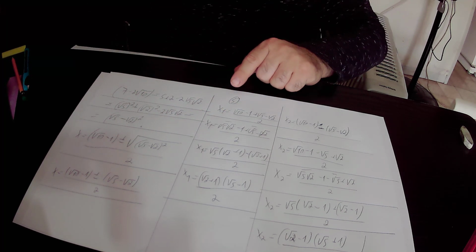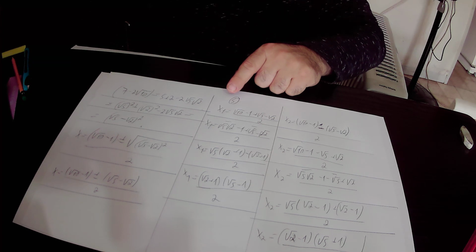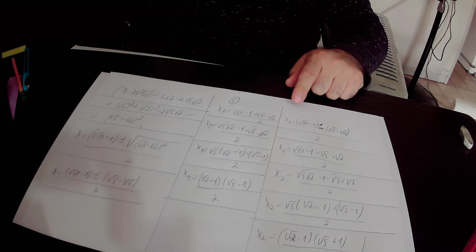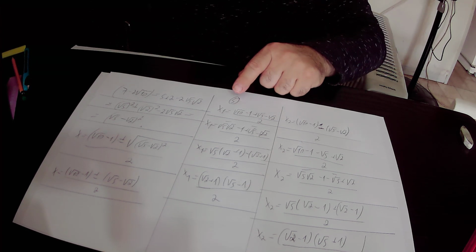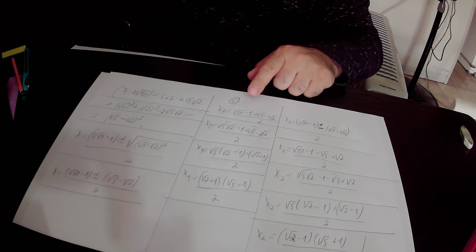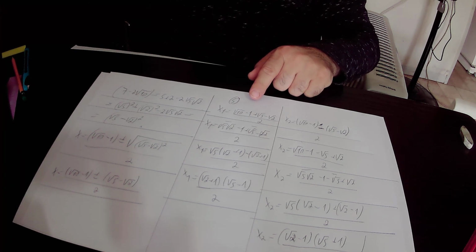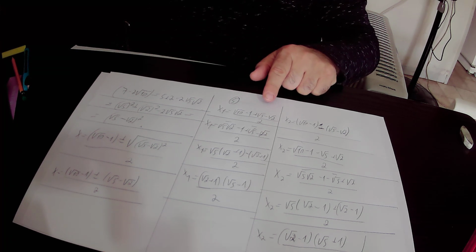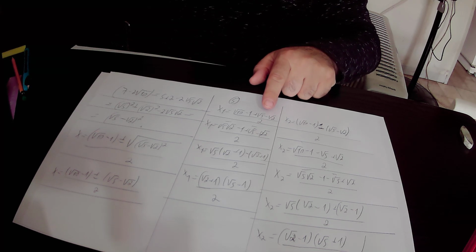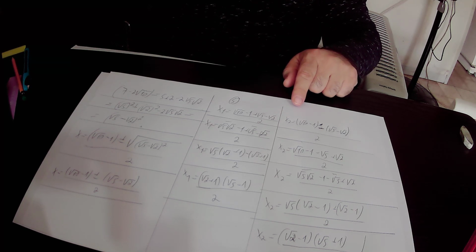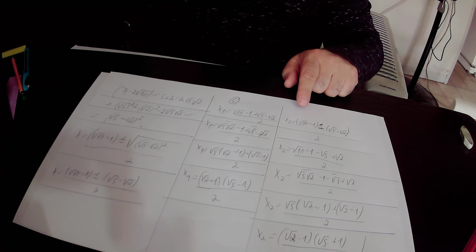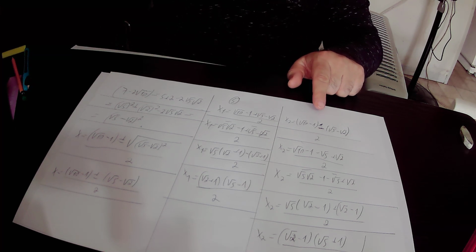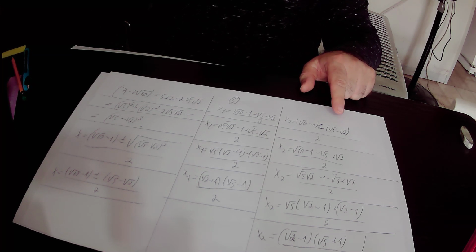We define the first solution as x1, and the second solution as x2. The first solution, x1, equals square root of 10 minus 1 plus square root of 5 minus square root of 2, over 2, and the second solution, x2, is square root of 10 minus 1 minus (square root of 5 minus square root of 2).